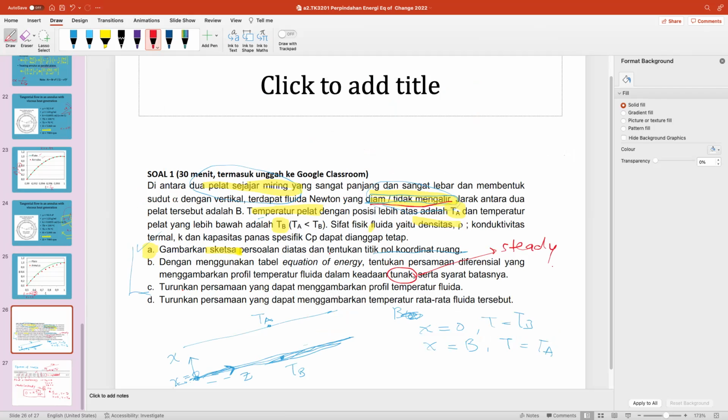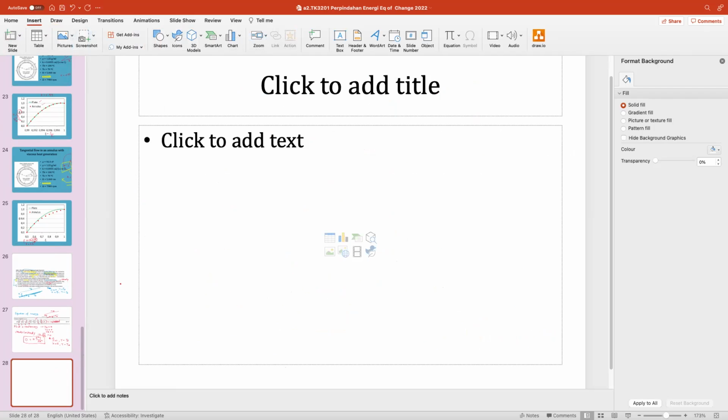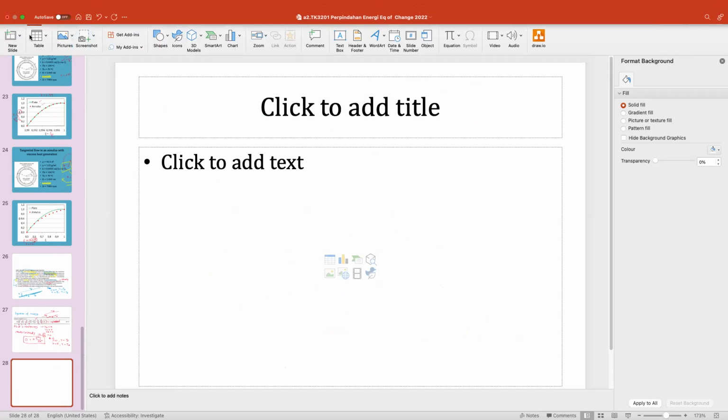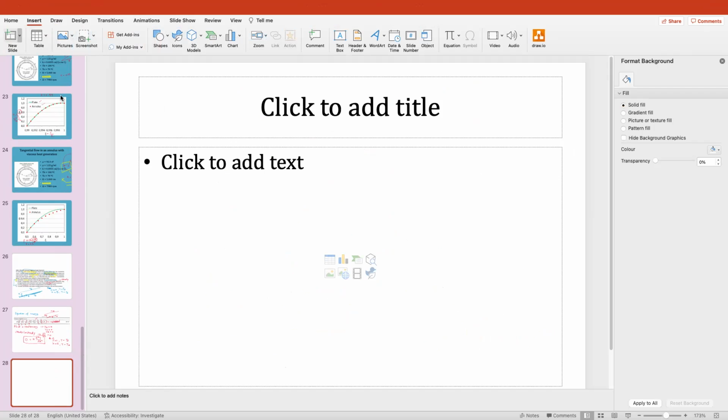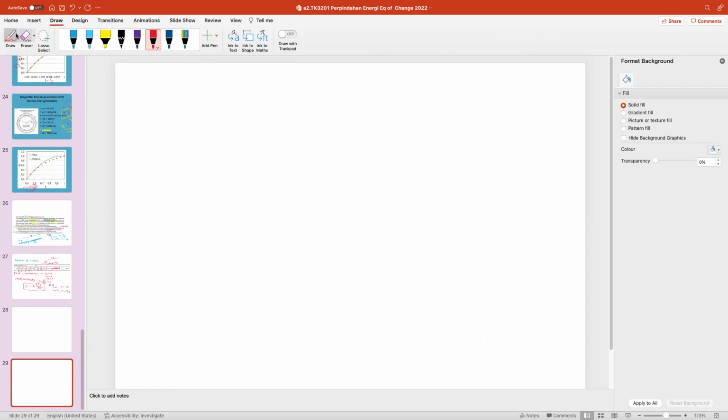So then derive the equation. Okay, so we have to find the temperature profiles, show the temperature profiles. Maybe for the next steps, we can just write ∂²T/∂x² equal to 0.